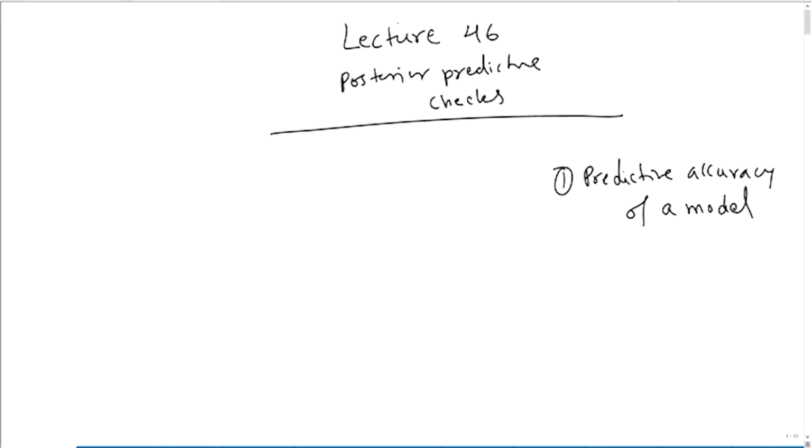Second, we want to take into account simplicity of the model. So we prefer a simpler model over a complex model. Simplicity for now we can define in terms of how many parameters are there in the model. Okay. So predictive accuracy of a model and simplicity of the model.